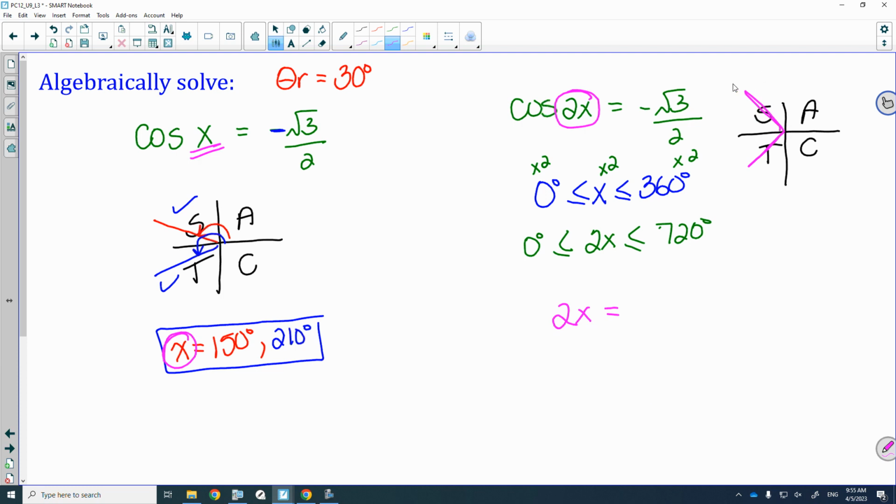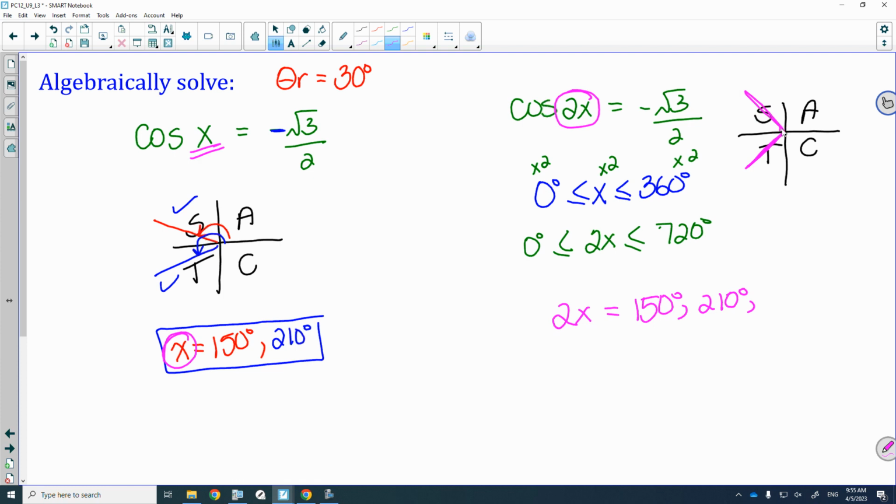This solution here, I know that that solution would be 150 degrees, right? We know from over here it's 150 degrees. So let's write 150 degrees. I know that this solution is 210 degrees. But then, because I've doubled my domain, I need to be able to go twice around the circle. So I need to find what's coterminal with this 150 degrees.